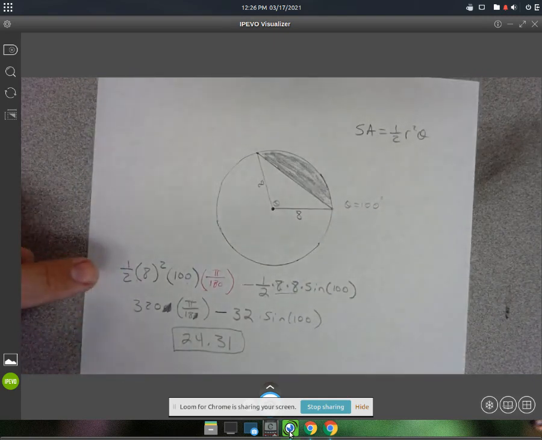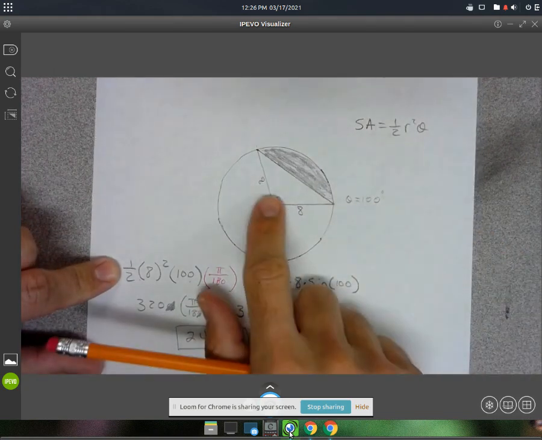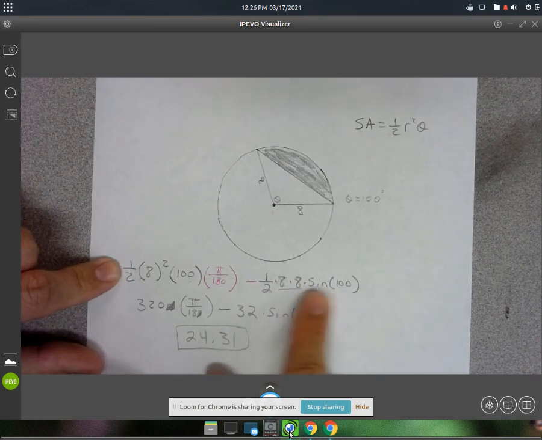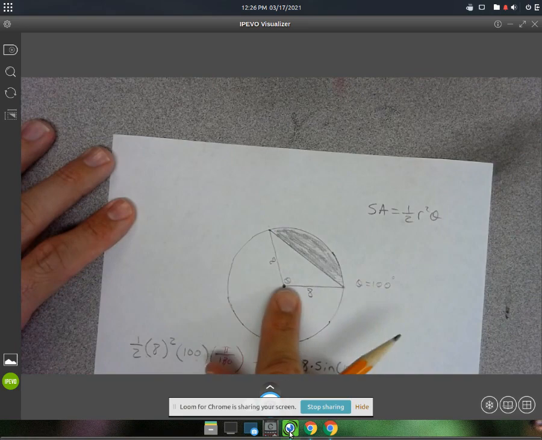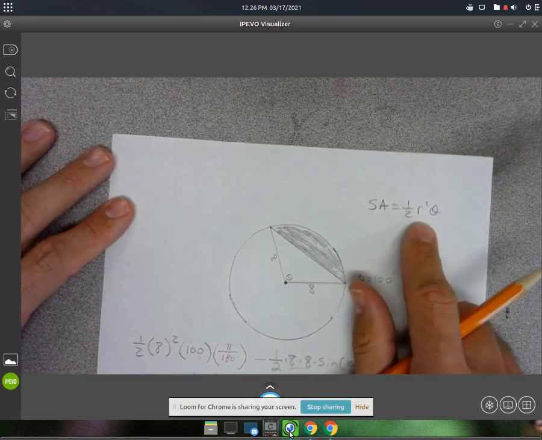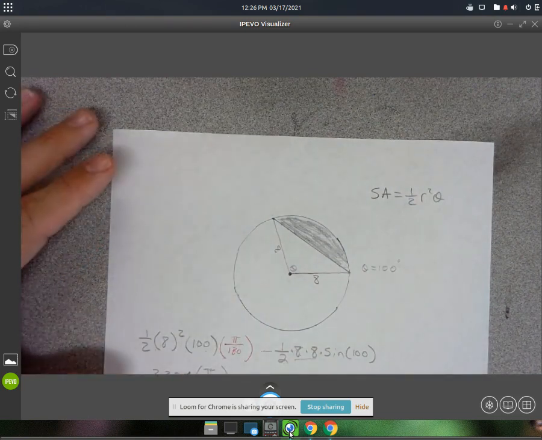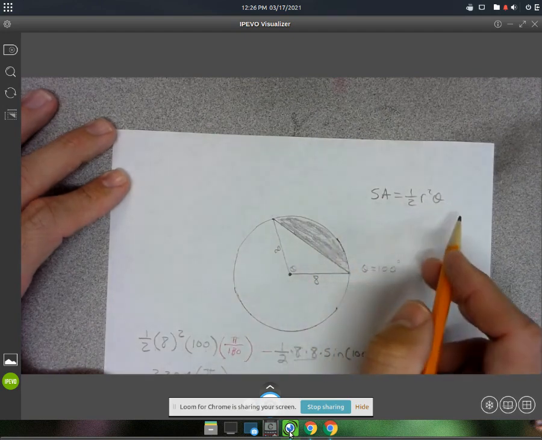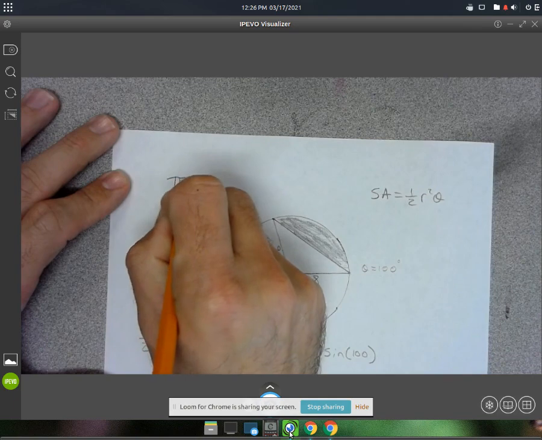So for the area of the entire sector, I used my sector area formula. And then for the area of my triangle bit, I did 1/2 ab sine C. Now, if you want to find the area of this little sector part and you forget this formula, the other way that they'll show you online or in books is they'll say pi r squared.